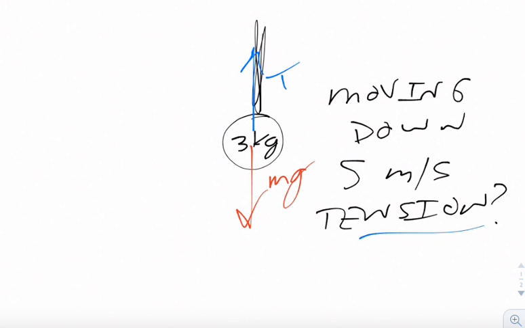But in this case, it's moving down with a constant speed, and so we're going to show here in a minute that there is no acceleration, and so it's completely irrelevant which direction I choose as positive. And so I'm going to choose down as positive, but that's not going to change my final answer. But if I say that down is positive, then I'm ready to write an F-net statement.